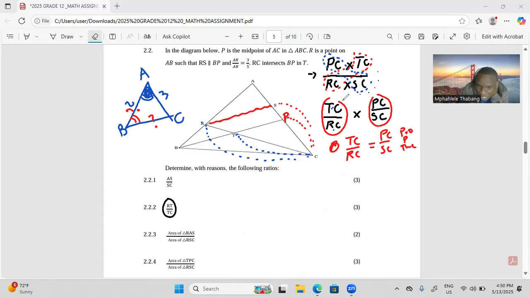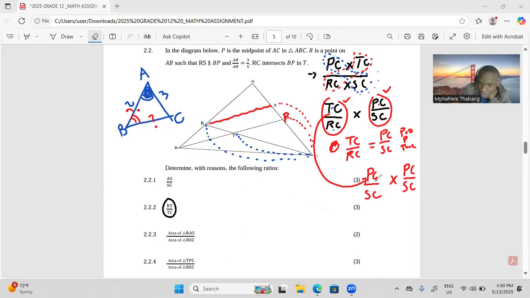Now because these two are equal, I'm going to write one of them twice. So I can say PC over SC times PC over SC. Where I see TC over RC, I can just write PC over SC because they are equal.